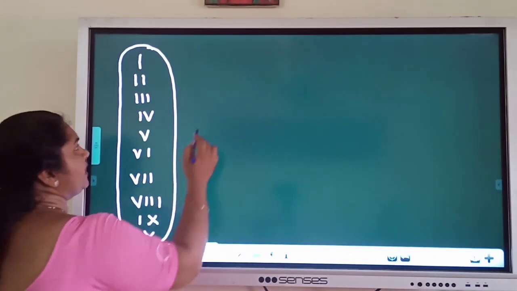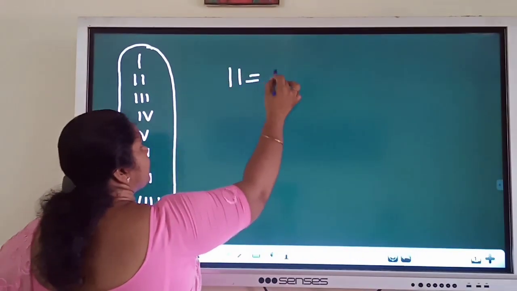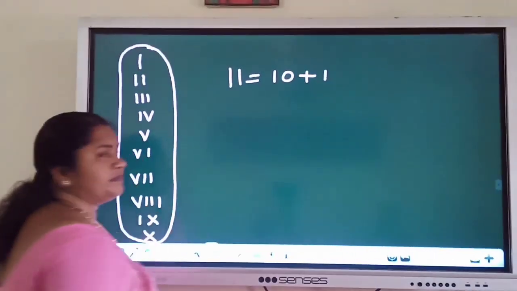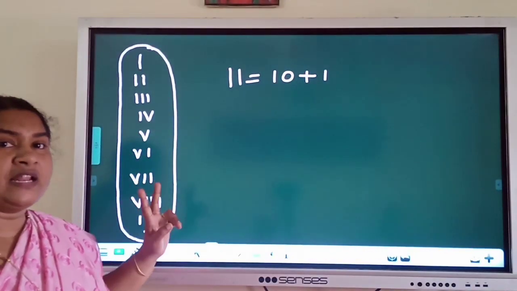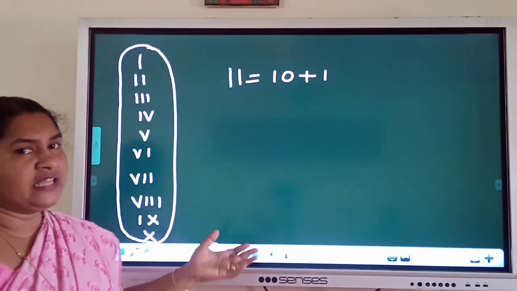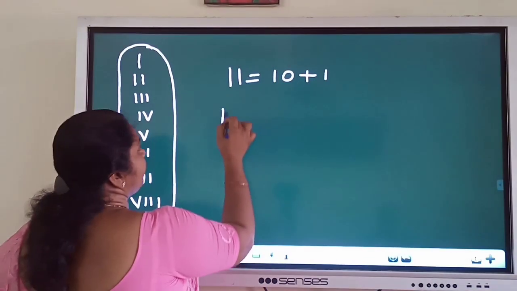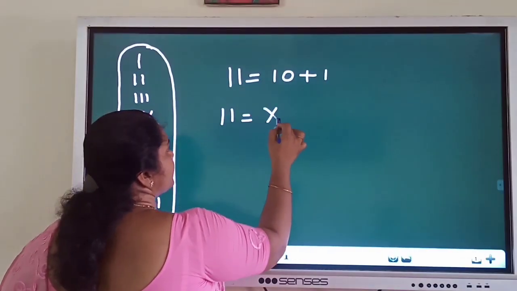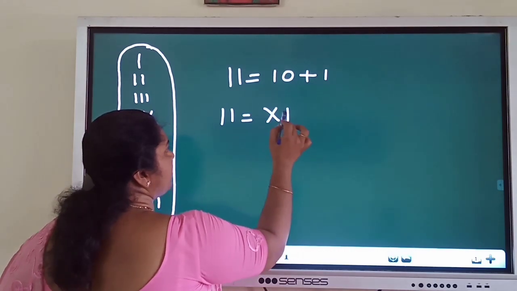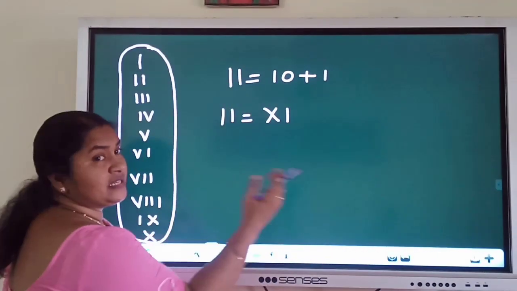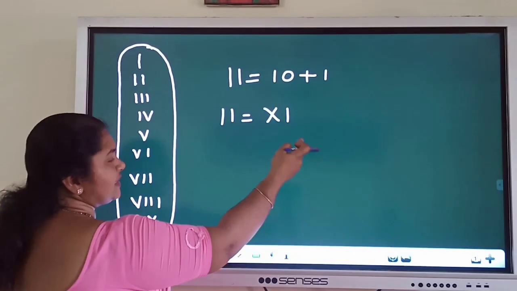So for 11 we know 10 plus 1. 11 എന്ന് പറഞ്ഞാൽ 10 ന്റെ കൂടെ 1 ആഡ് ചെയ്യുന്നതല്ലേ. So what we have to do? 11 is equal to XI, 10 plus 1. Plus 1 means to be kept on the right side.